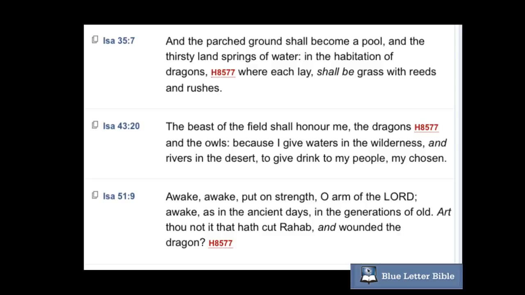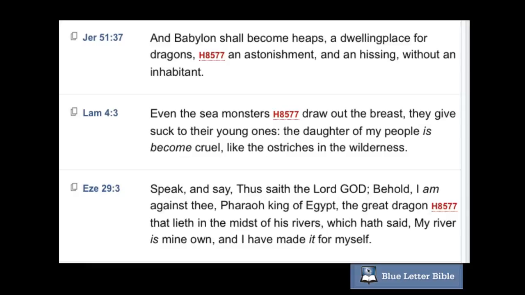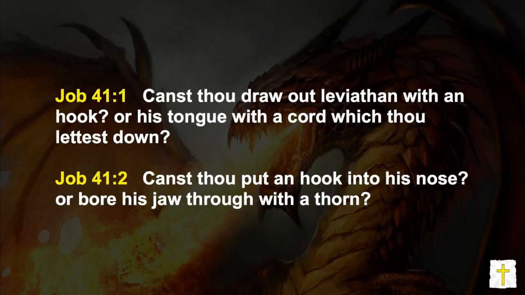Isaiah 51 verse 9, dragon. Jeremiah 51 verse 37, dragons. Lamentations 4 verse 3, Tanims was translated as sea monsters. Exodus 29 verse 3, dragon, great dragon, and so on.